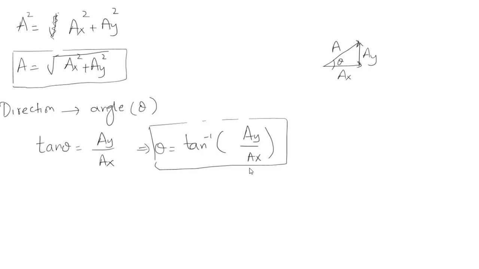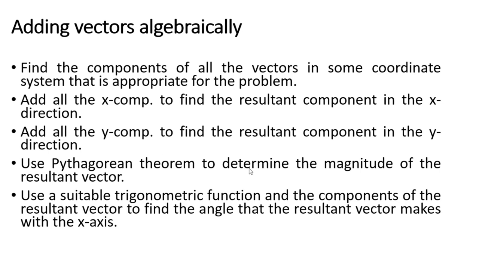There is another method using adding vectors. There are a few steps to do that. The first step is to find the components of all the vectors in some coordinate system that is appropriate for the problem.